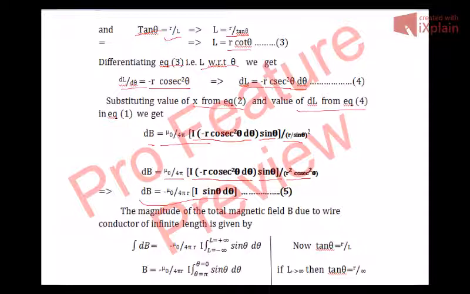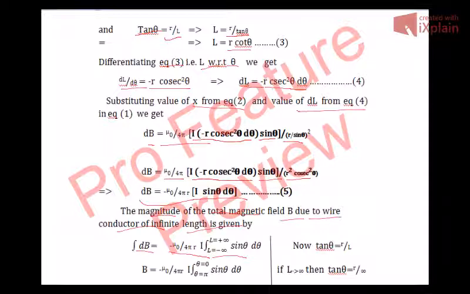Now the magnitude of the total magnetic field B due to the entire wire, a conductor of infinite length, is given by integrating equation 5. Integration of dB is equal to minus mu naught upon 4 pi r I times the integral of sin theta d theta, where we take the limits of L from minus infinity to positive infinity, because the wire is infinitely long on both sides.